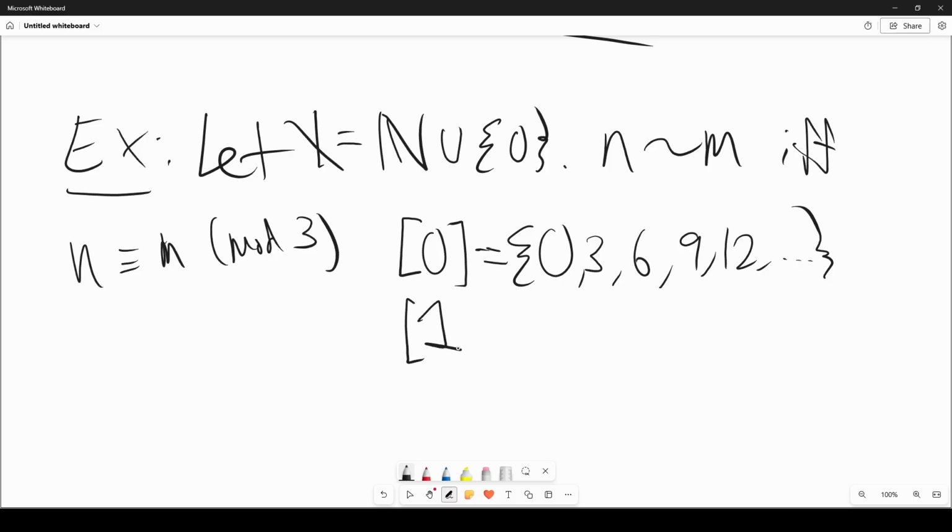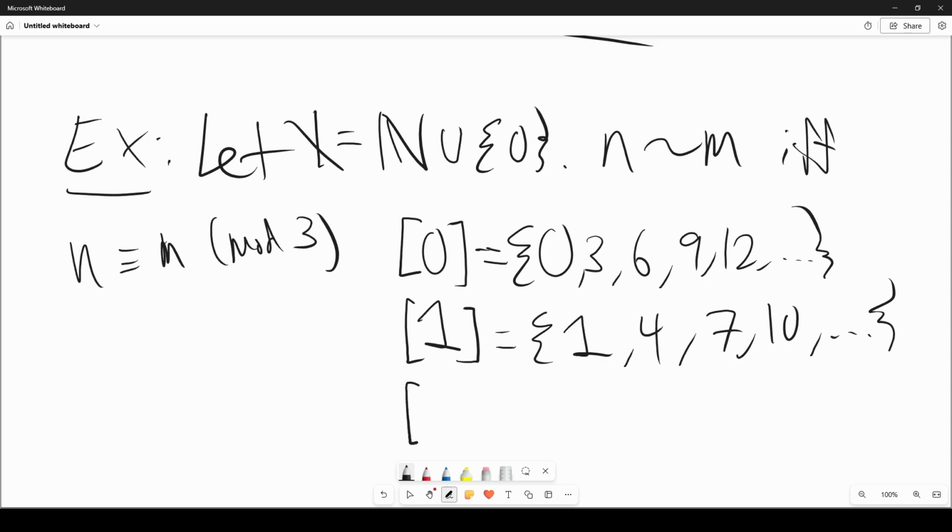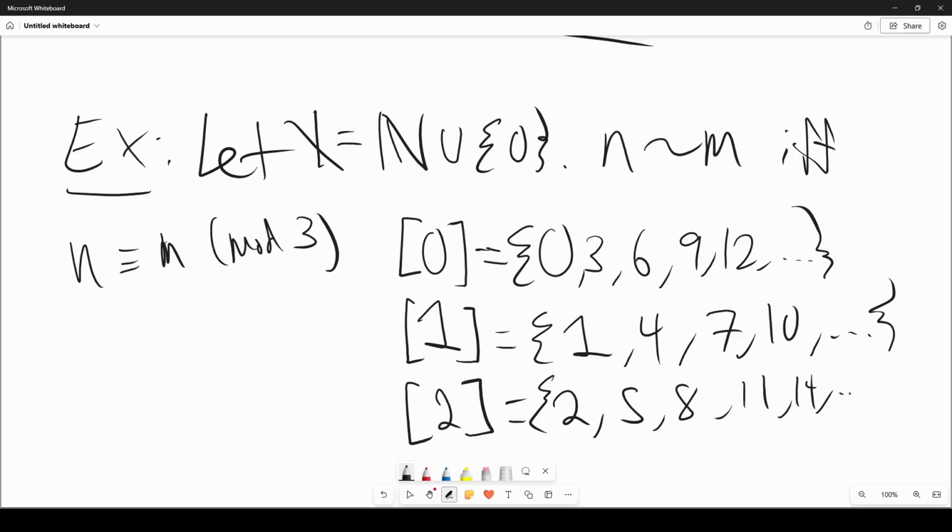Let's look at the equivalence class of 1. This is going to be all those elements which are 1 mod 3. So we have 1, 4, 7, 10, and so on and so forth. And we'll check one more. We've got 2, all those elements which are 2 mod 3. So I have 2, 5, 8, 11, 14, and so on and so forth. Okay, cool.